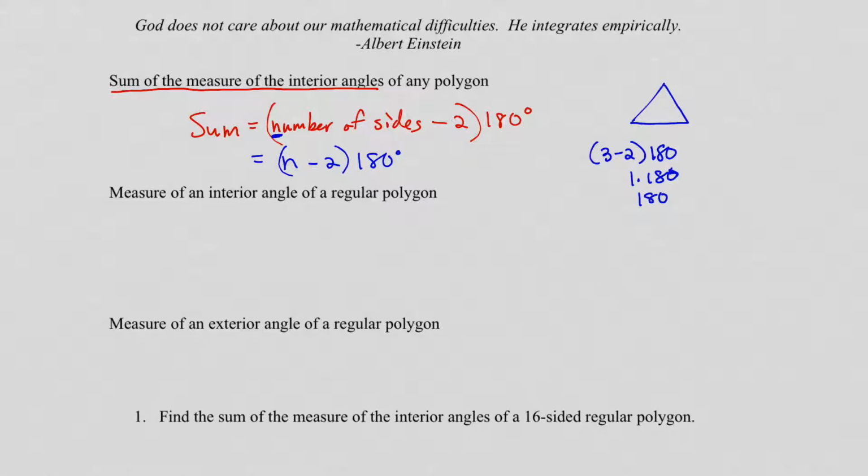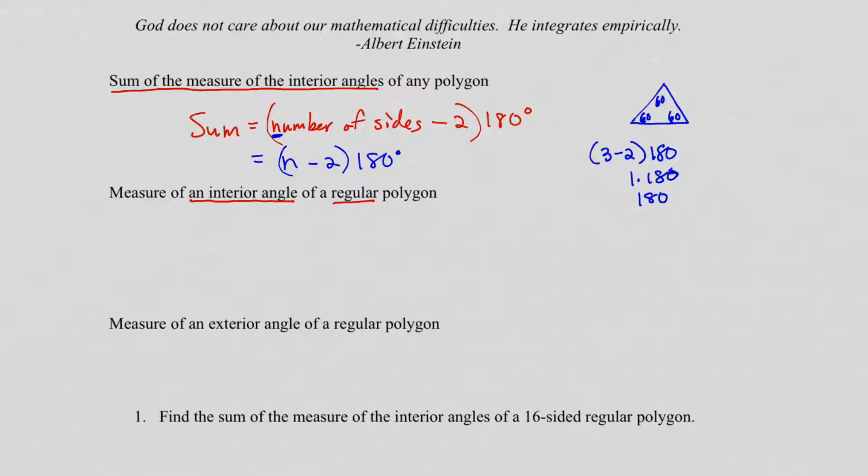Now, I also told you that the interior angles were 60. And that is going to happen through, basically, what is called the corollary to the polygon angle sum theorem, but it's the measure of one interior angle of a regular polygon.